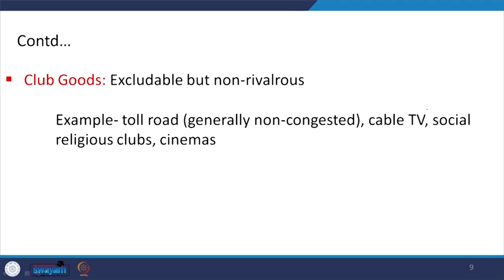It can be the case of the toll road. Why toll road? When the construction of a newly built road is over, you will find a toll tax if you have to use that road. Whosoever pays this toll tax will be eligible to ride on that road, right?